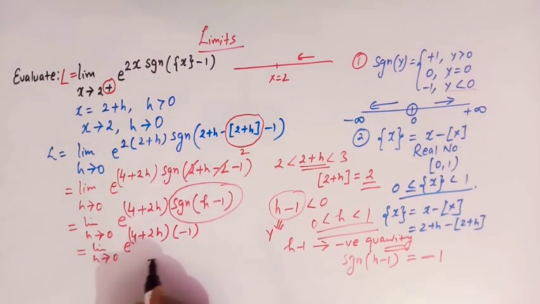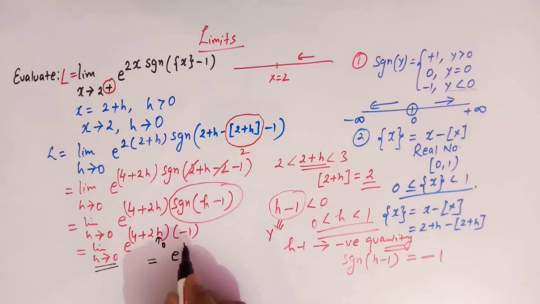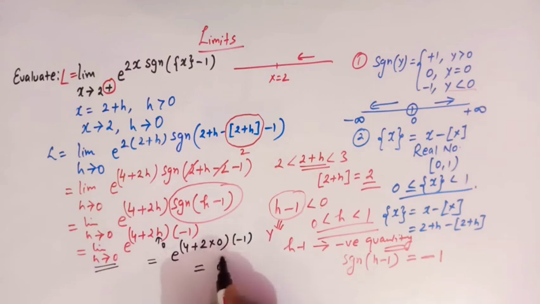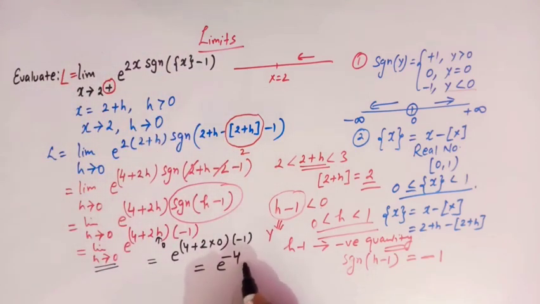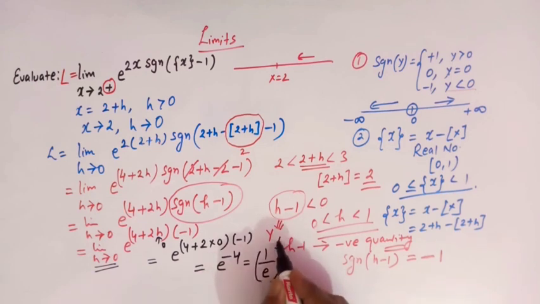So in the next step, as h approaches 0, we can take 0. So we have e raised to 4 plus 2 times 0, and here we have minus 1. So this is e raised to minus 4, right? So the value of this limit is equal to e raised to minus 4, that is 1 over e raised to 4, right? So viewers, this is how we solve this important limit.